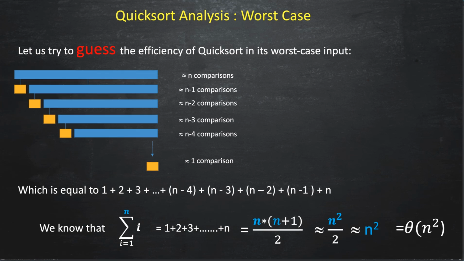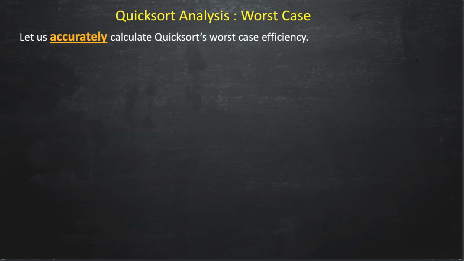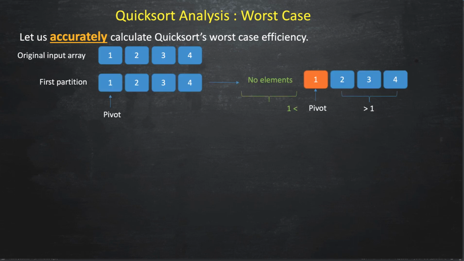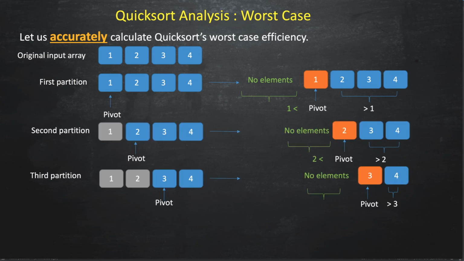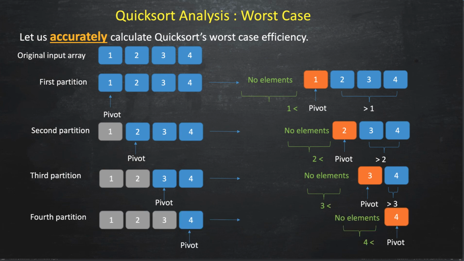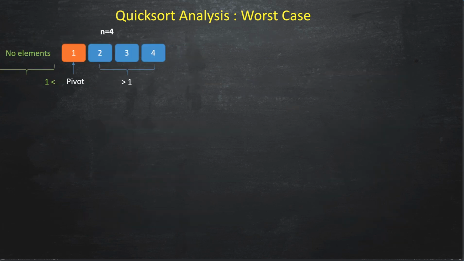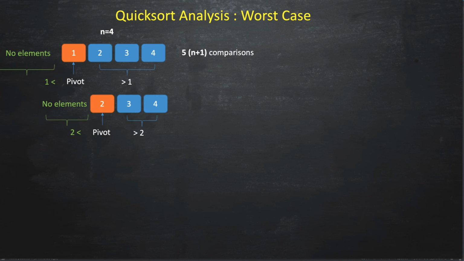There is also another way we can calculate this, by working on a small array and then calculating the number of comparisons done. Let's say we take a list of 4 elements, and then if we apply our algorithm by using left and right selectors, you will find that initially we'll be doing 5 comparisons for the list size of 4.